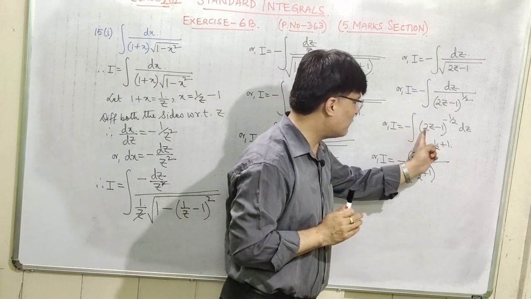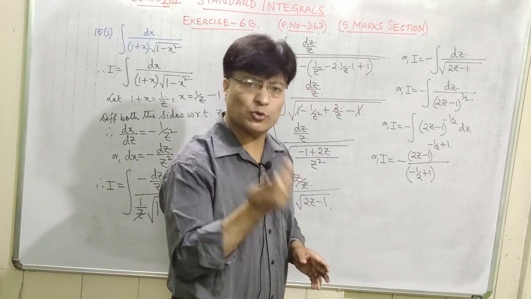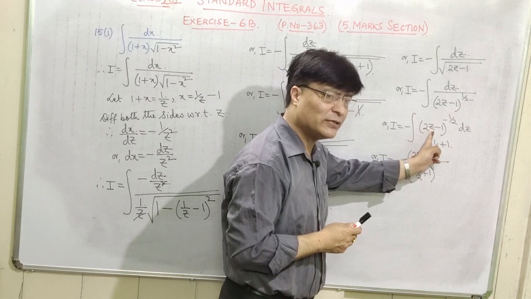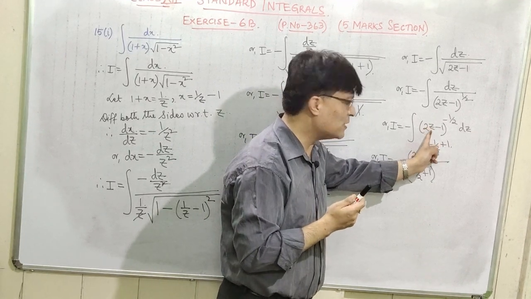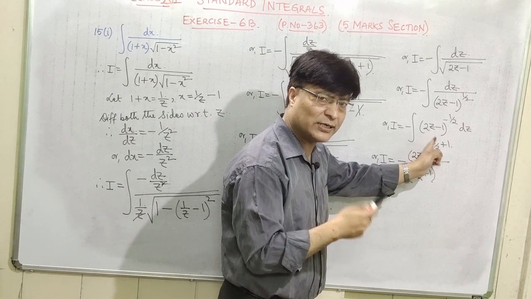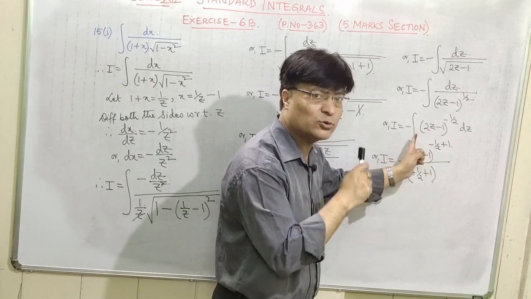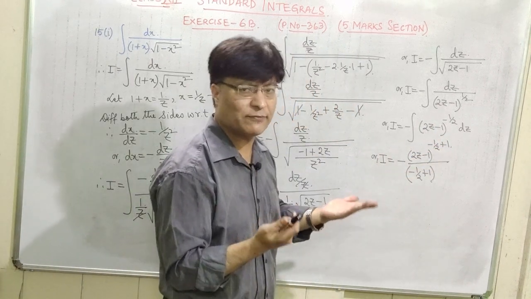So what is the differentiation of 2z minus 1 with respect to z? It is 2 only. For 2z it is 2 into d by dz of z, which is 1. So it is 2, and for 1 it is a constant, so this differentiation is 0.